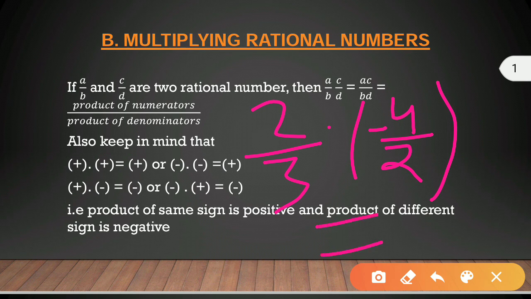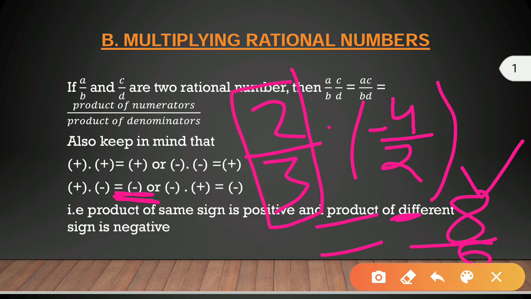So what will be the product? 2 into 4 gives you 8, and this 2 is positive and 4 is negative, so their result will be negative. In the denominator, 3 into 2 gives you 6. So this is your answer. If one rational number is positive and another is negative, their result will be negative.